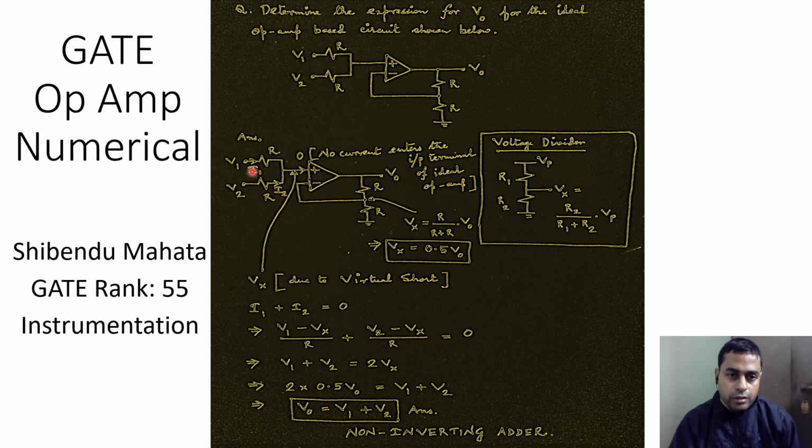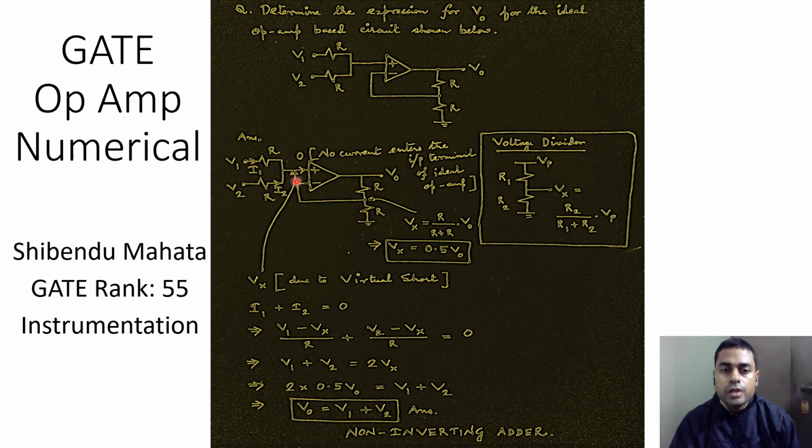So we can write that a current I1, which is sourced by the voltage source V1, plus the current I2, which is sourced by this voltage source V2, should be equal to 0 milliampere, because this op-amp will not allow any current to enter its input terminal.